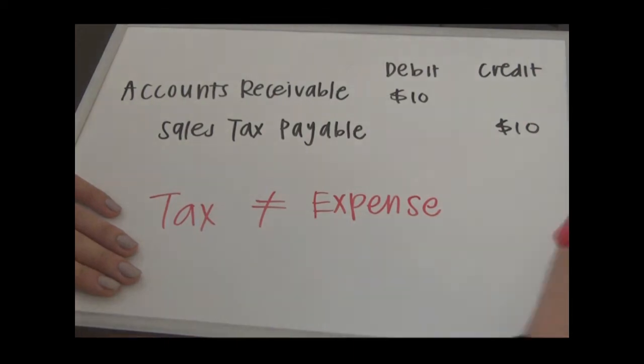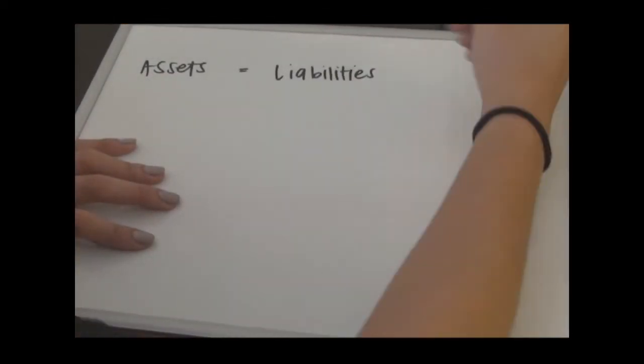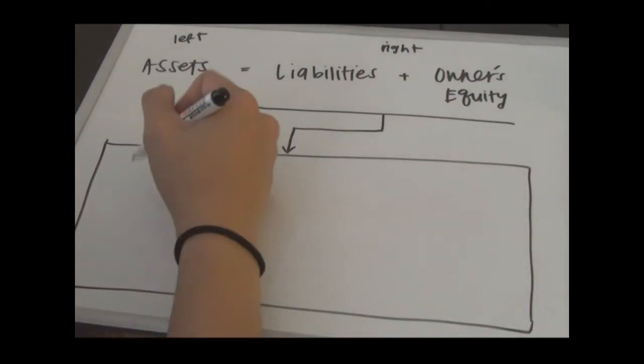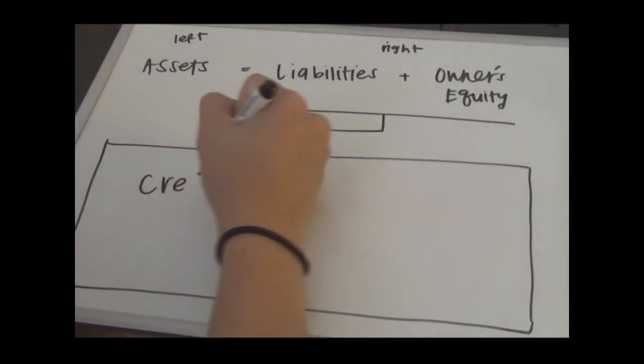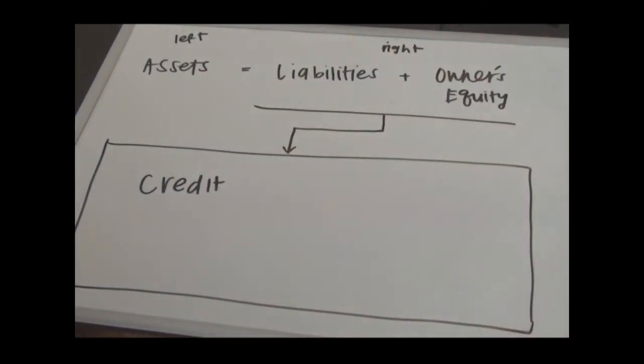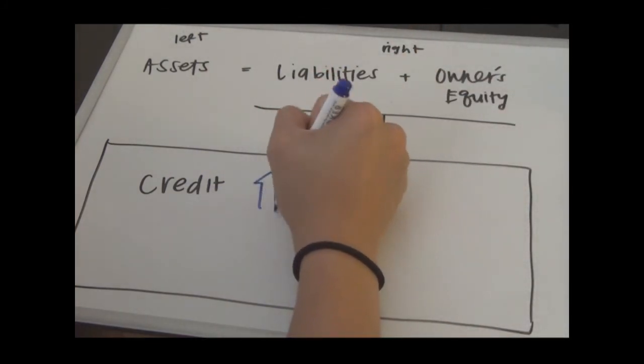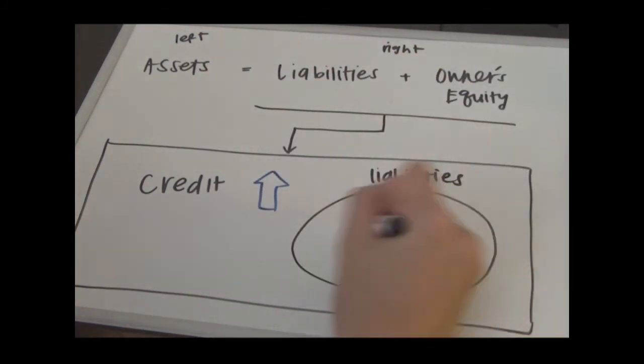Now, sales tax payable is part of liabilities, which is on the right side of the equation. So let me ask you, as we credit sales tax payable, which is liabilities, do you think we increase it or do you think we decrease it? You're a genius. Correct. We increase it. All right, and that basically sums up all the journal entries you did.